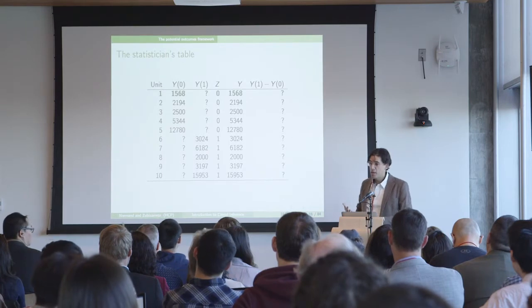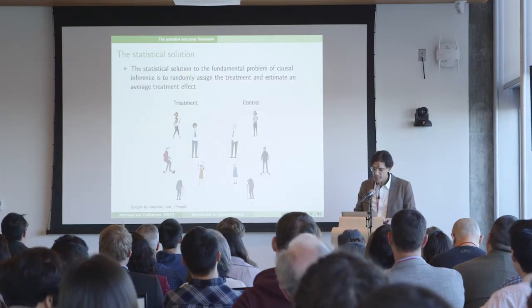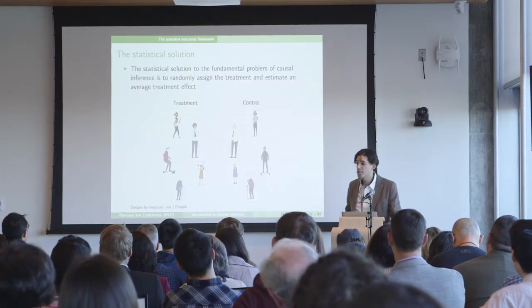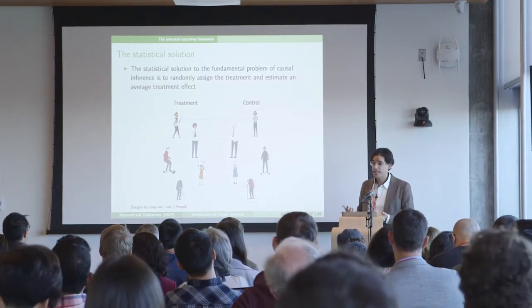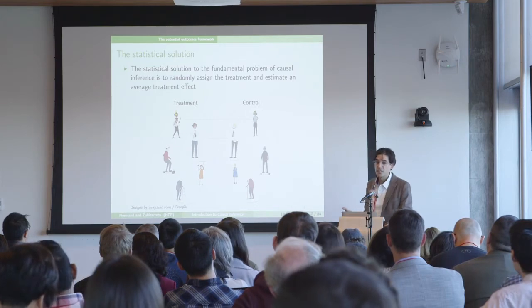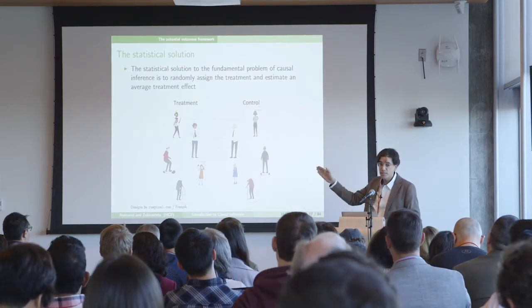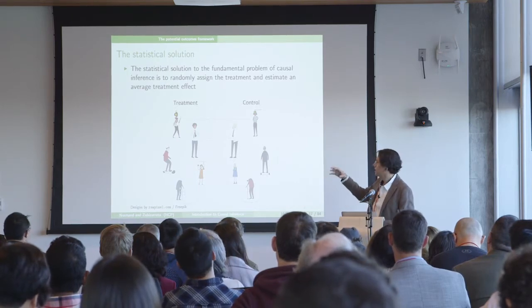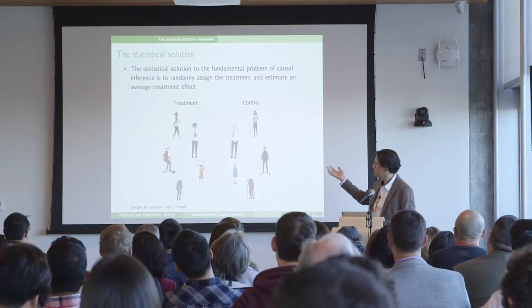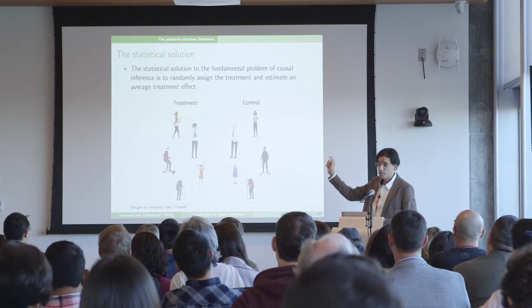Another way to think about this is that randomization is going to produce two groups that are balanced, that they're equal in expectation. Randomization is going to make sure that these two groups are similar in terms of observed and unobserved covariates. Here I'm showing you an example of a block pair randomized experiment where we're randomizing within pairs.